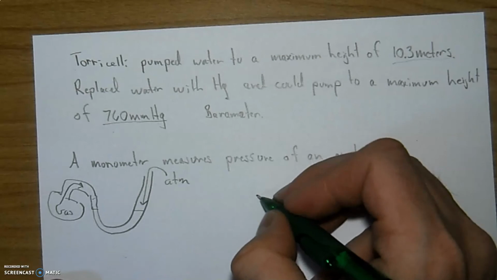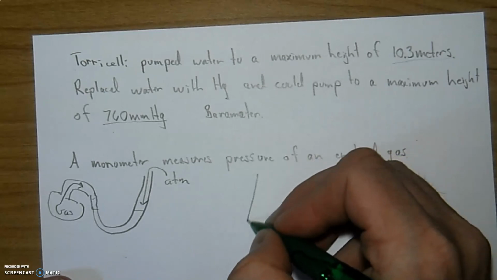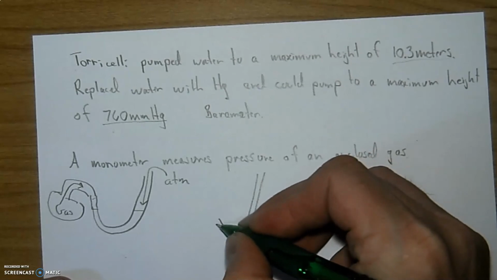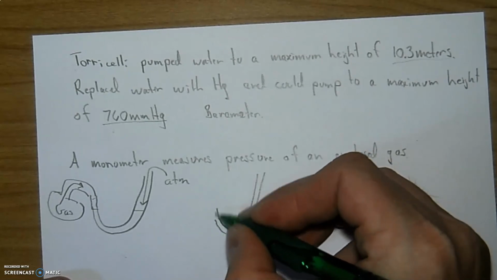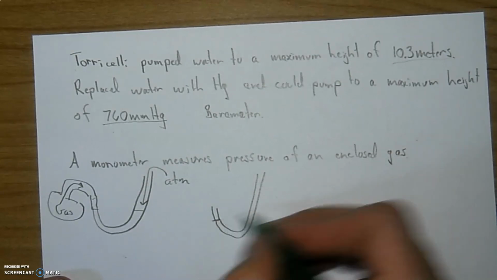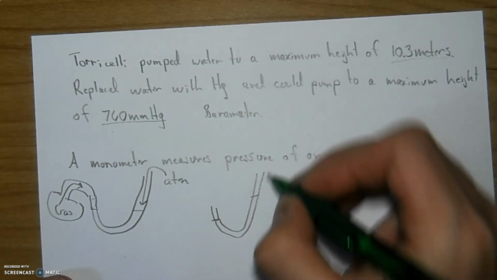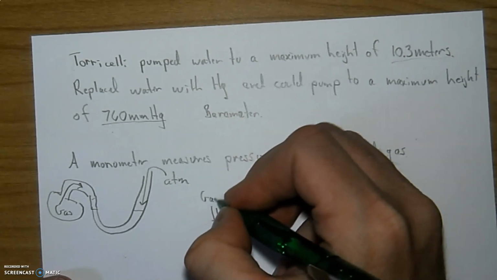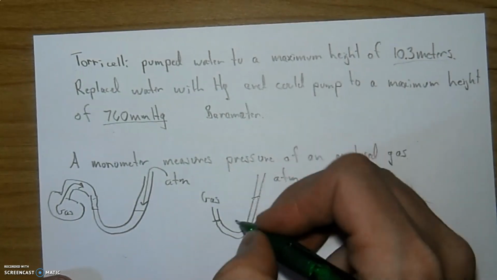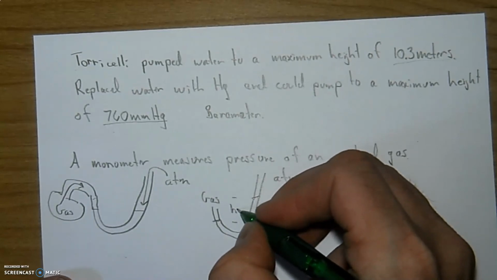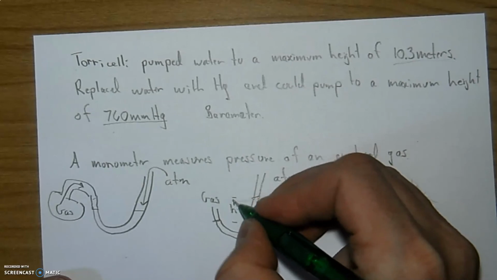If there's a difference, and I'll just focus on the difference, I'll raise this up a little bit. And I'll say, okay, so this is now here and this is up here. Atmosphere, and I'll say gas. So clearly the gas is pushing down, and this is the height difference between the two.